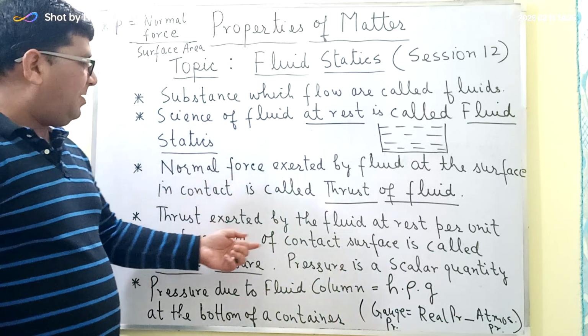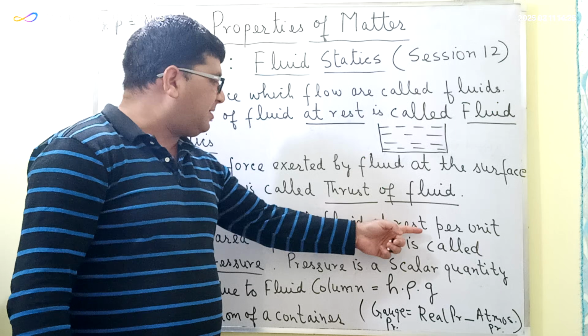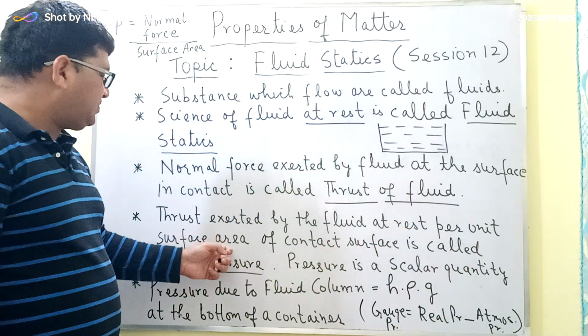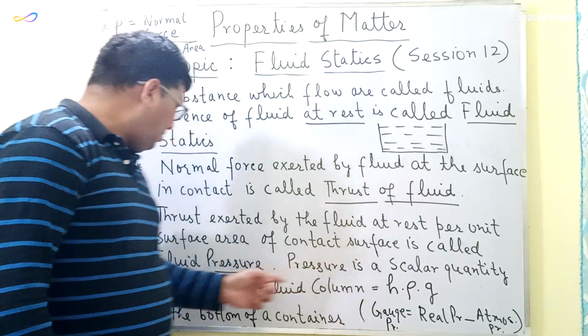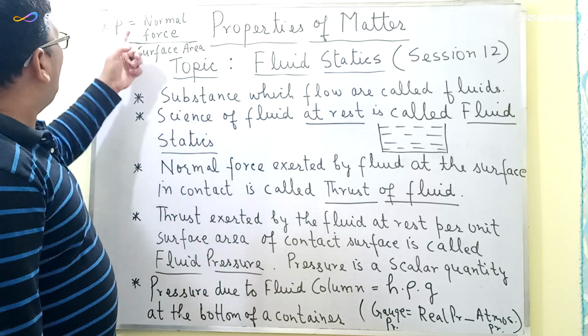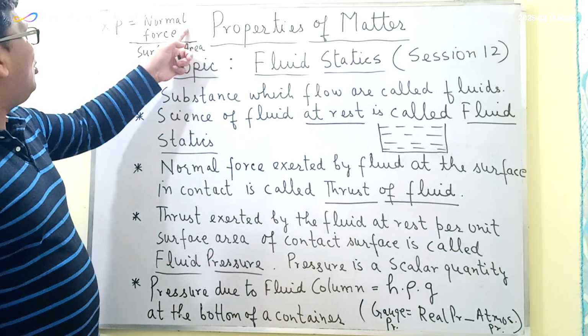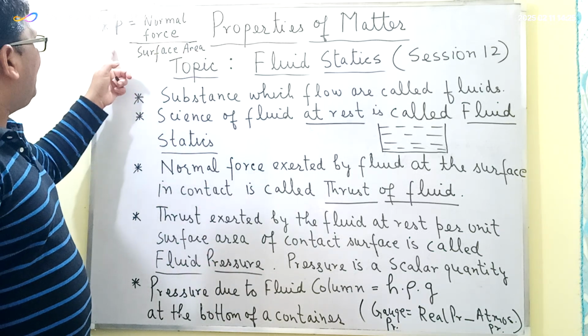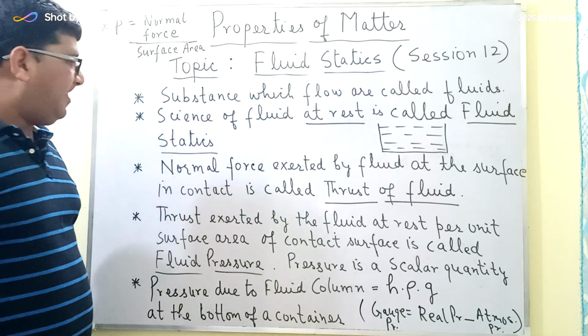Now the thrust exerted by the fluid at rest per unit surface area of the contact surface is called the fluid pressure. And so the fluid pressure can be written as the normal force or the thrust divided by the contact surface area.